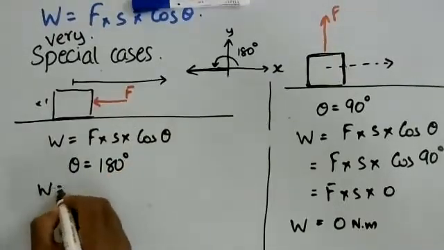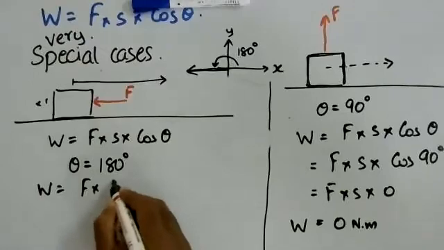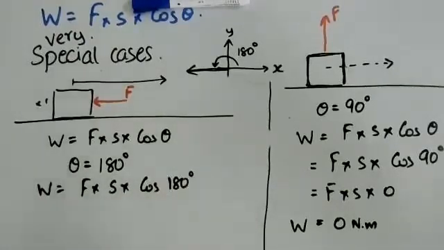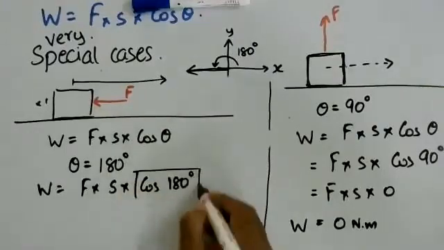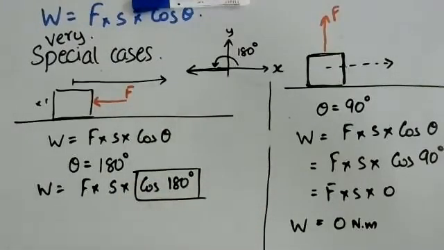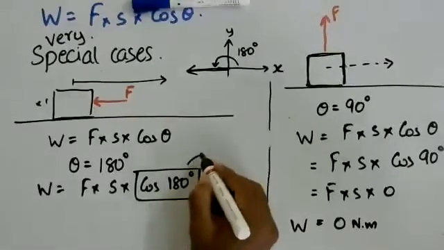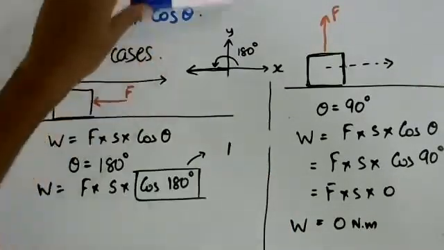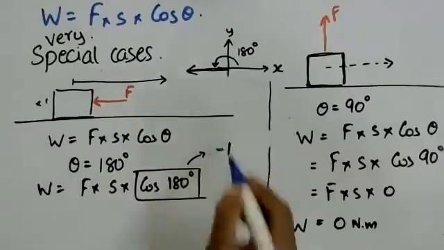Now you just apply it into the formula: F times S times cos 180 degrees. And what is the value of cos 180 degrees? Anybody who has a scientific calculator can punch in the value and give me an answer. Ishan did it just a little while back. Cos 180 is equal to minus 1.